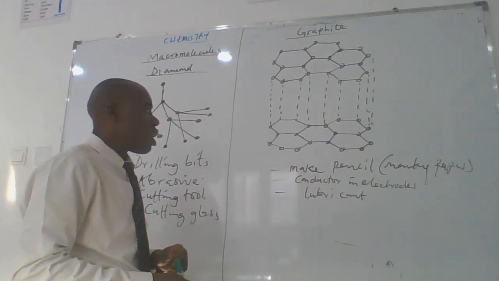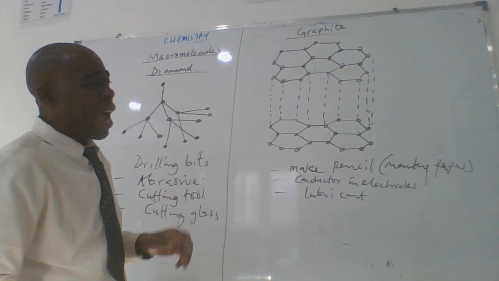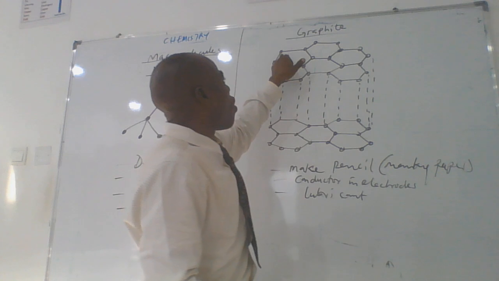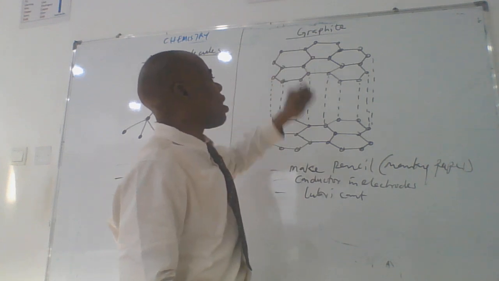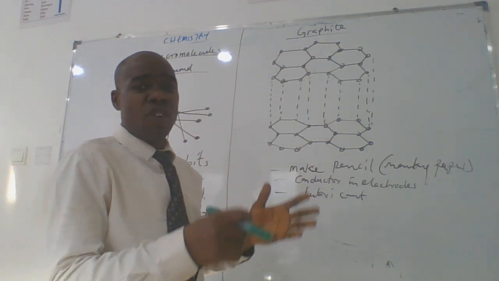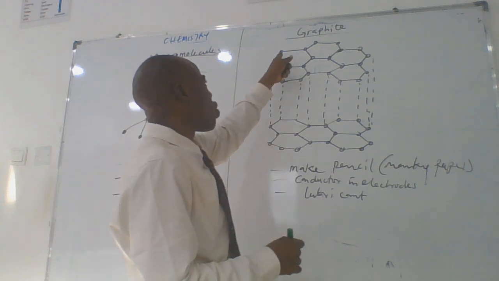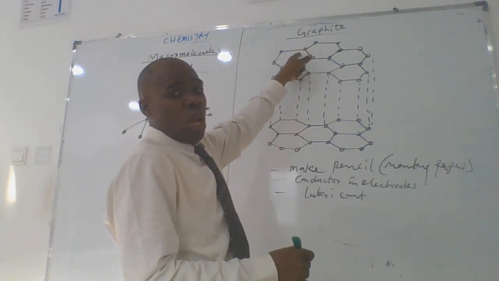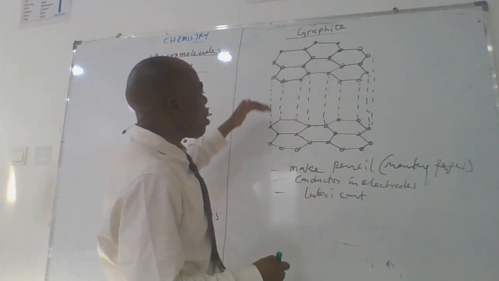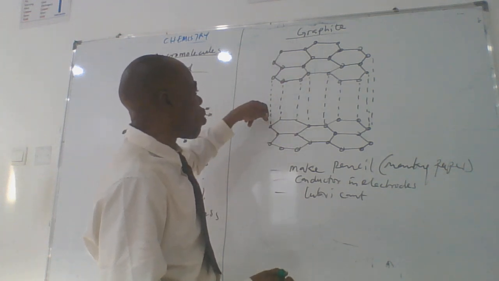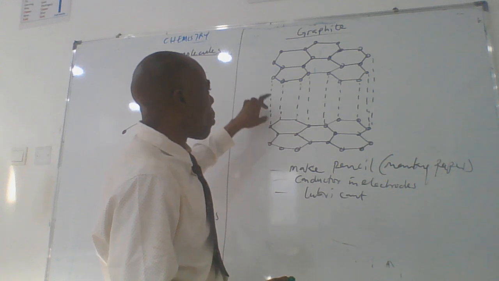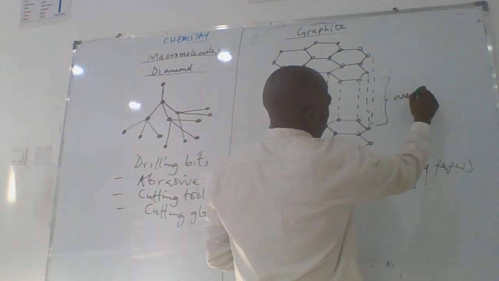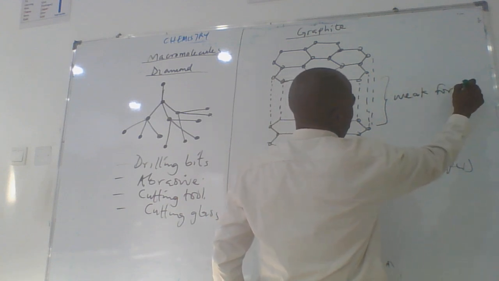Now let's look at it more critically. I need to say something before I end this video. The bond between the atoms is very, very strong. The bond between this particular atom and this one is very strong. Whereas the intermolecular bond is very weak. This is a weak force.